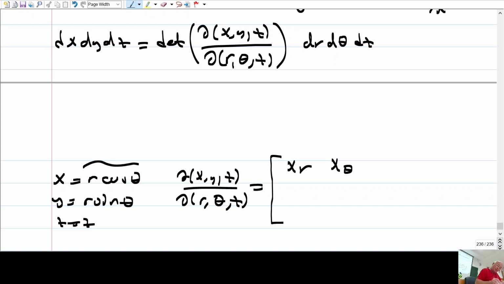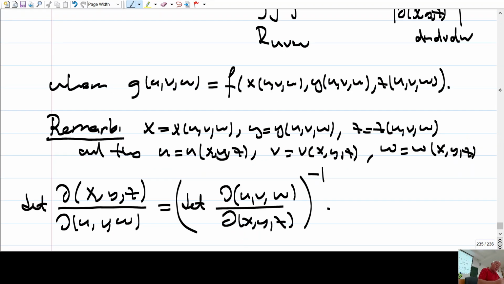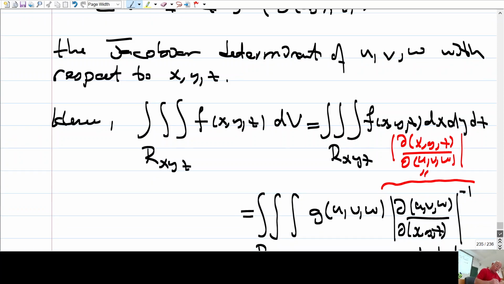Y_r, Y_theta, Y_z. Z_r, Z_theta, Z_z. Benim yazdığım bunun transpozunun determinantı, ama o ikisi aynı şey.